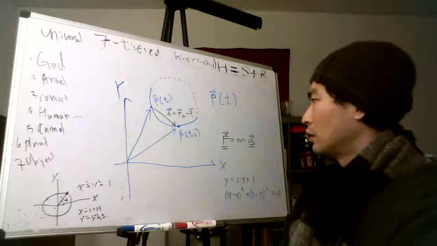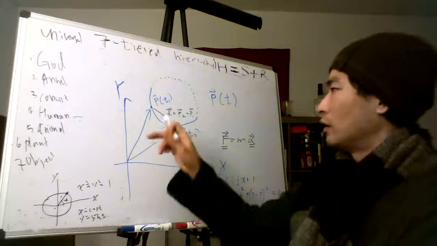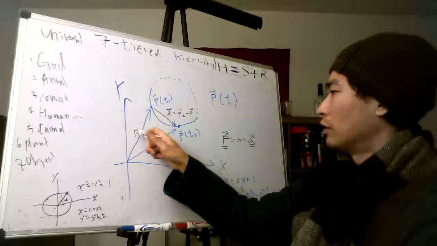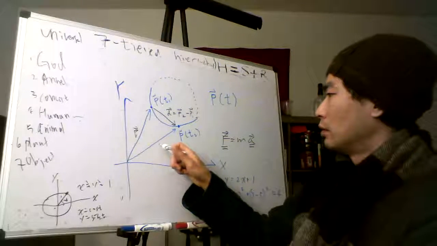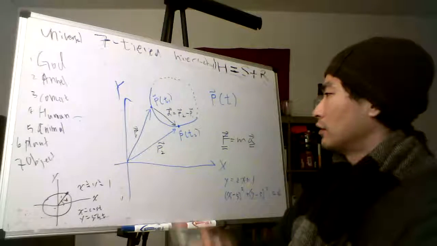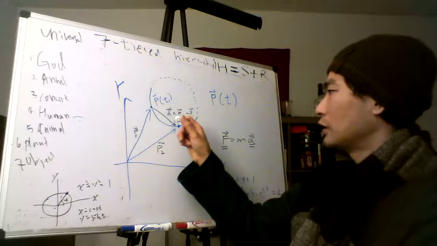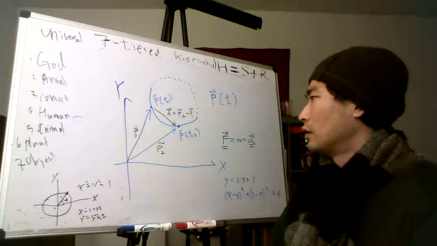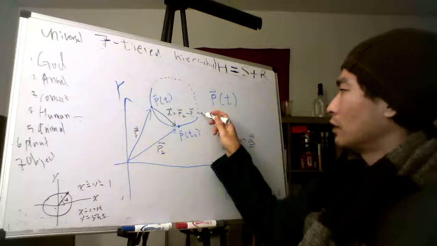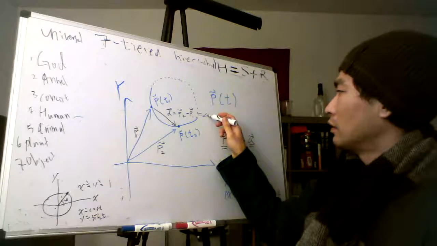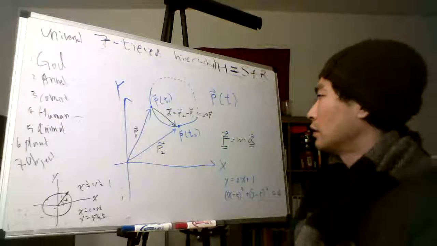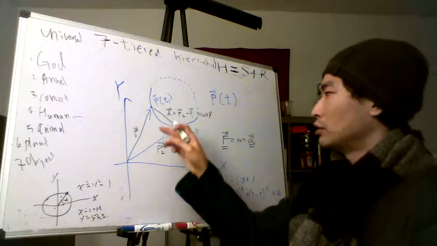So at time 1, you're here, that's P1, the position vector. This is P1. In the next second, you are here, P2, the position vector. You subtract, then you get the displacement vector. And it's also delta P. Subtraction of two vectors is also a vector.